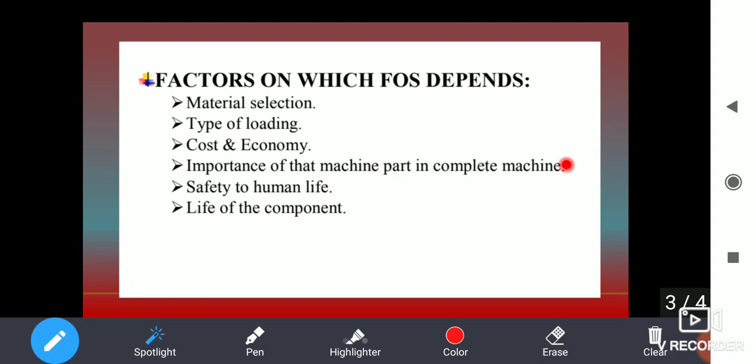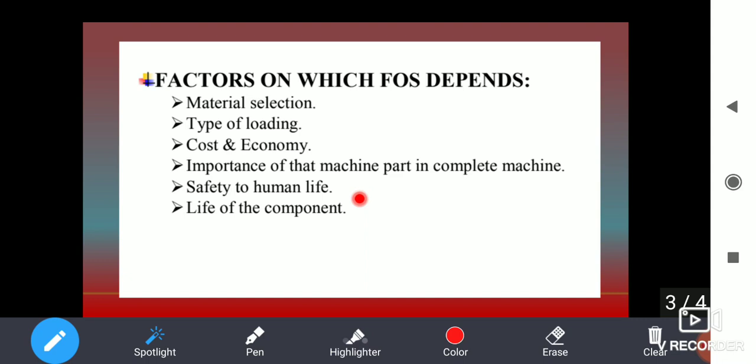So the next one will be safety to human life. Human life, you have to give much more preference. This is one of the most important considerations while designing factor of safety. Example, if you are designing an aeroplane, we have to use a huge factor of safety.